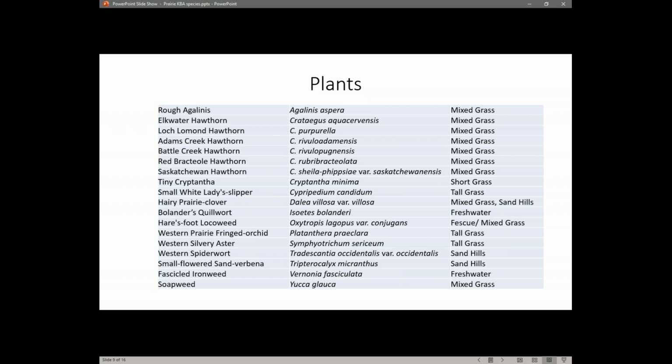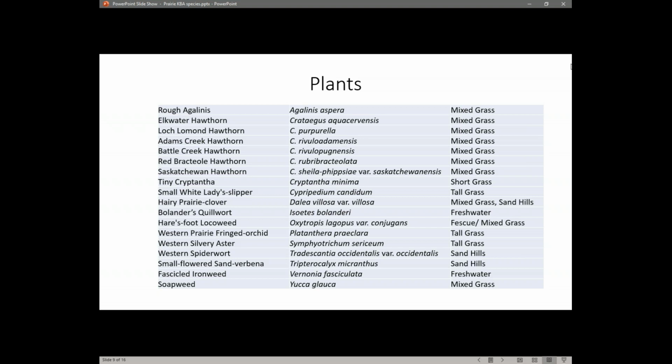Triggered by species. And then in terms of plants, we have a number of plants that leap to the top of the list as qualifying for KBAs. These are potential KBAs. Many are occurring again in the mixed grass areas.